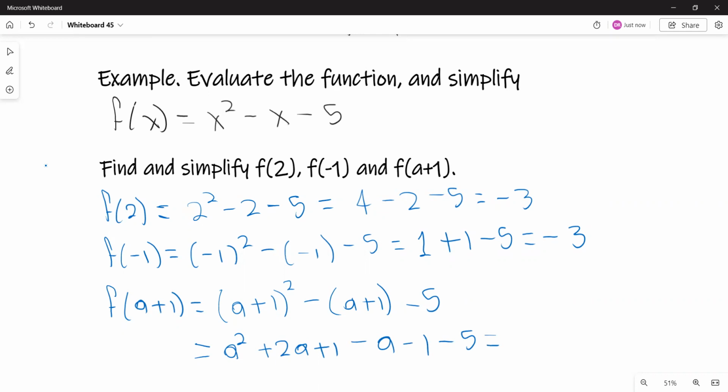So let's combine like terms. A squared, there's nothing to simplify. Plus 2a minus a is going to be plus a. And 1 minus 1 minus 5 is going to be minus 5. Okay, and that's it.